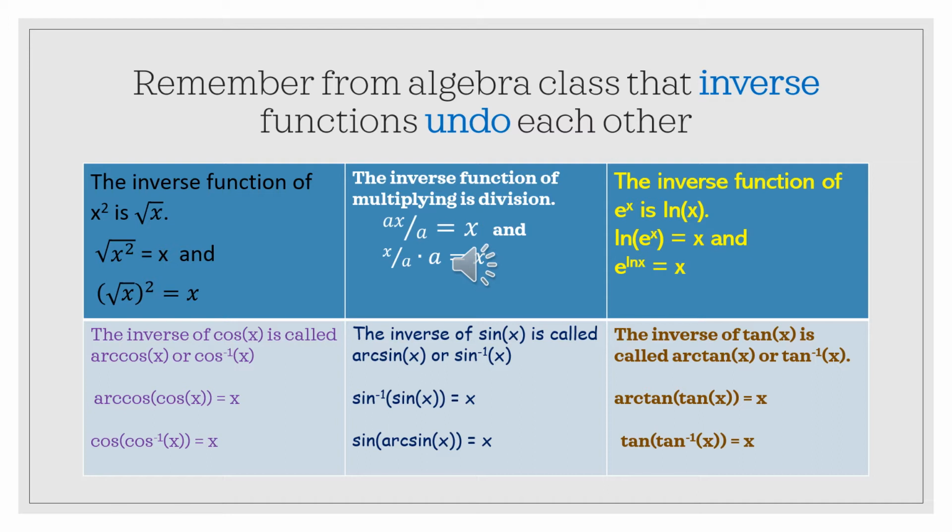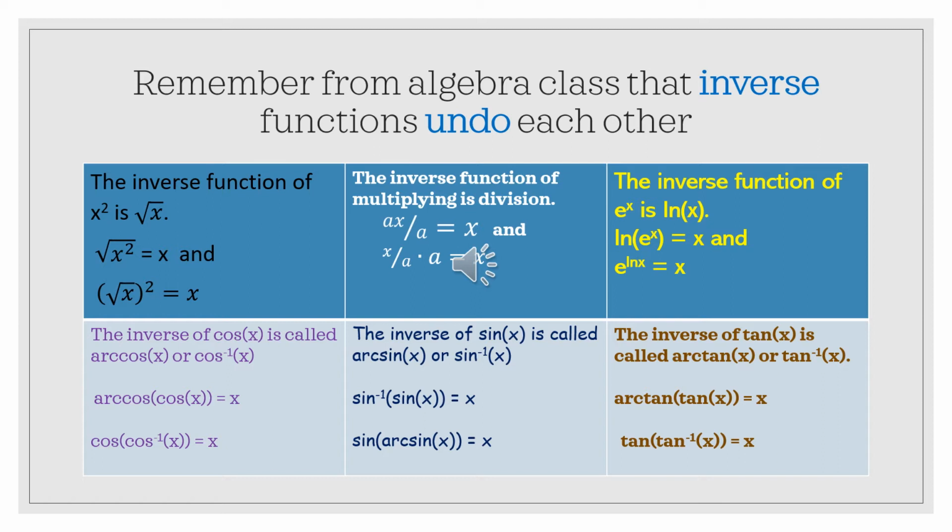Again, it's made up notation to communicate that we're talking about the reverse function of cosine, sine, and tangent. So throughout this video and throughout our class and throughout all of your mathematics and physics studies, arc cosine, or writing the superscripted -1 on cosine, is going to mean the same thing.